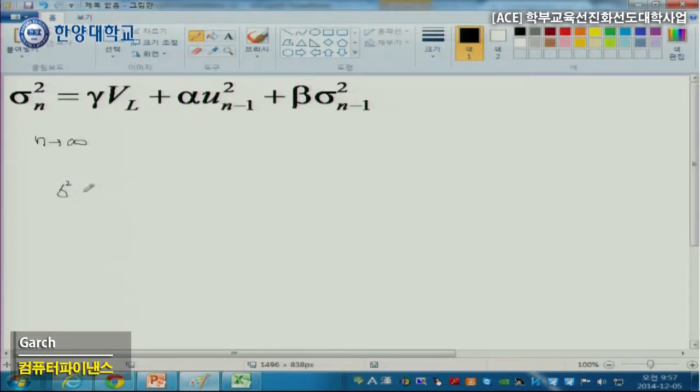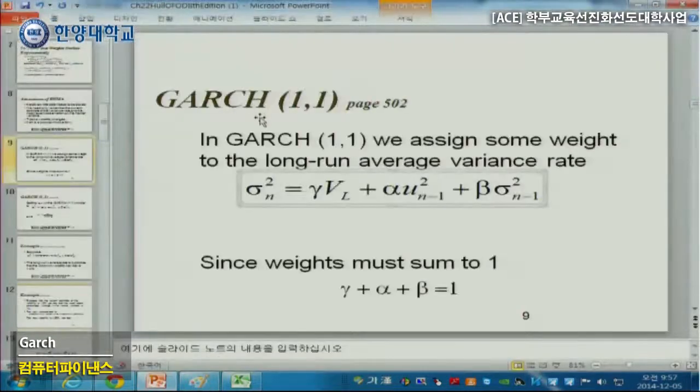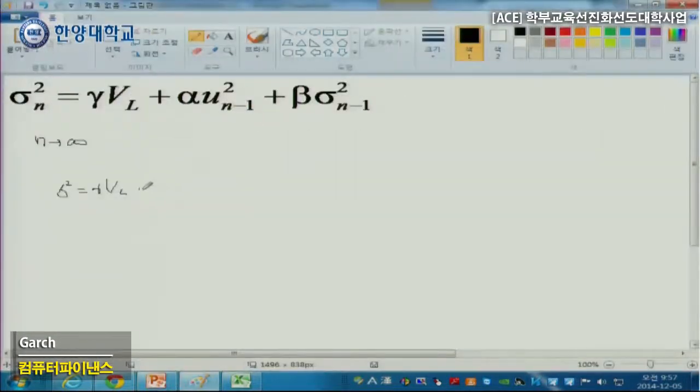Let's assume that. And then this is gamma VL. Here, gamma VL plus, and if n is infinity, then this one would be something like this as well, because this is a summation anyway.